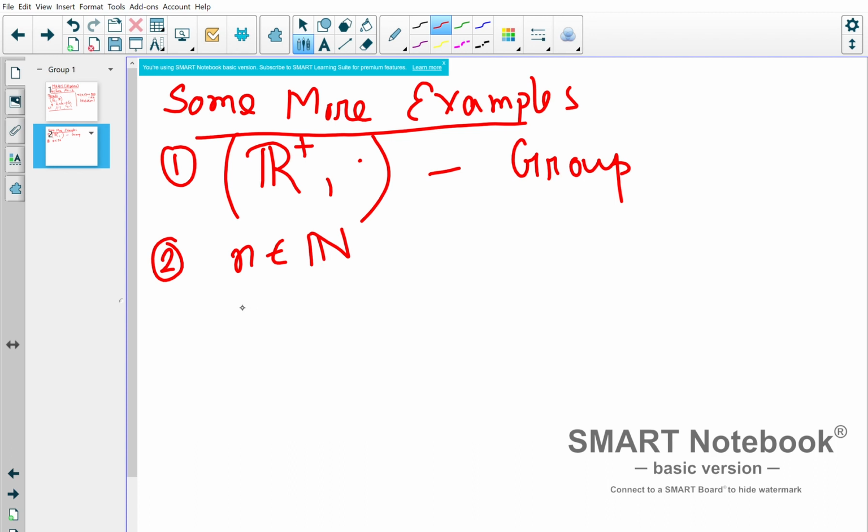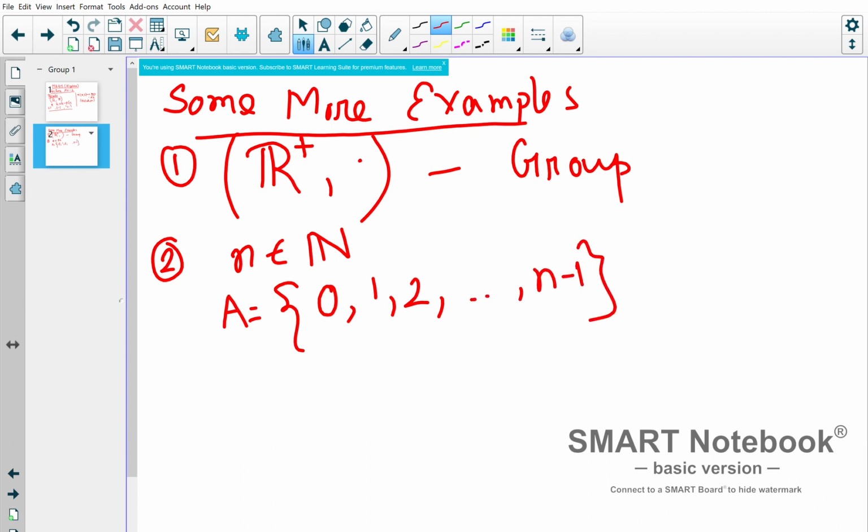You have a set A of all those integers which are residues or remainders modulo n. Whenever you divide any number by n, you check what the remainder is. The remainder can be 0 if n divides the number, it can be 1, it can be 2, and it can be up to n minus 1.